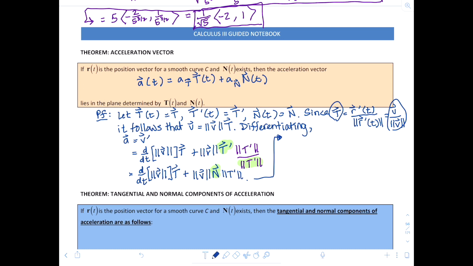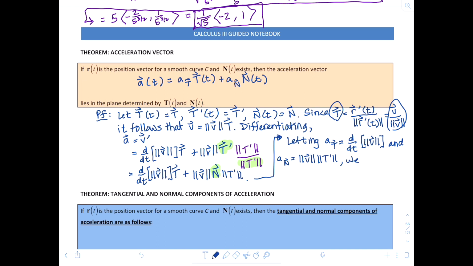So what we can do is assume that a lies in the plane determined by T and N, letting a sub T equal the coefficient in front of the T vector, so d dt of the magnitude of v, and a sub N equal to the magnitude of v times the magnitude of T prime.